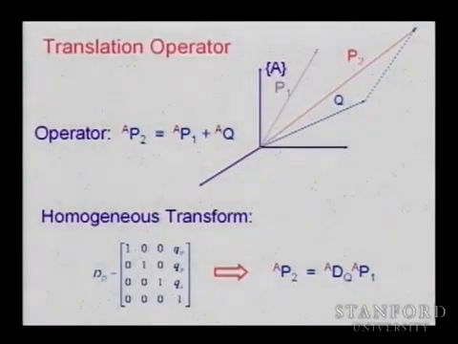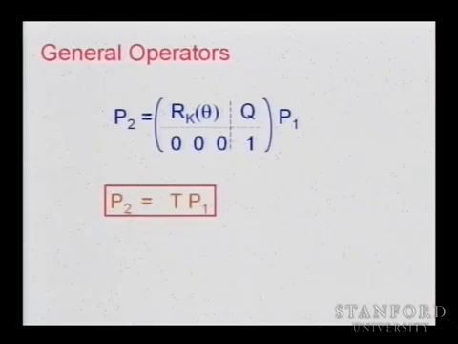And now you can combine the two. You can combine the rotation and translation, so you could have an operator operating by translating and rotating. The general operator that you can imagine is this operator rotating about some vector k with some angle theta and translating by q.